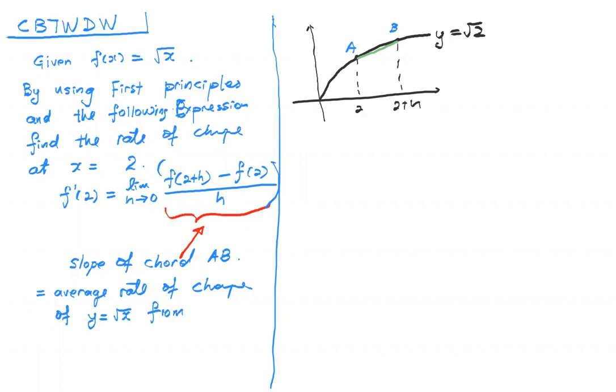Without that, I will give you 0 mark. Not everything is just average rate of change of what? From where to where? You have to specify it clearly. It is the average rate of change from x equal to 2 to x equal to 2 plus h.